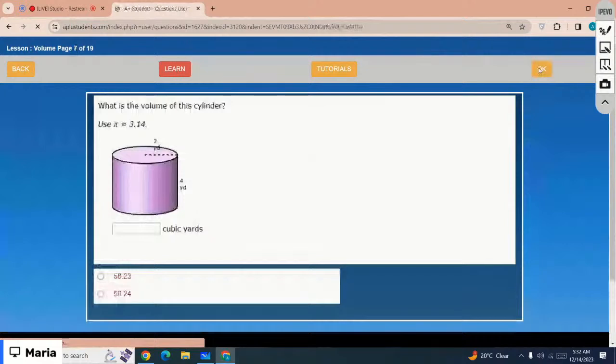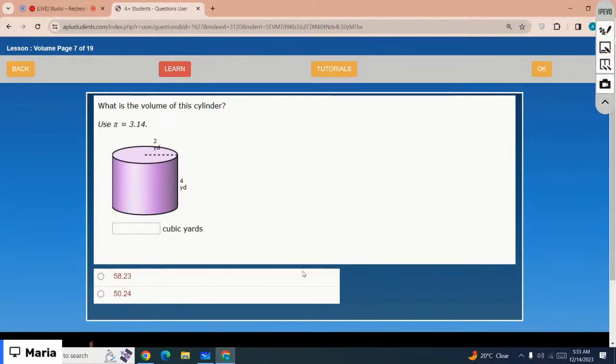Okay, what is the volume? The correct option is 50.24 is the correct option.